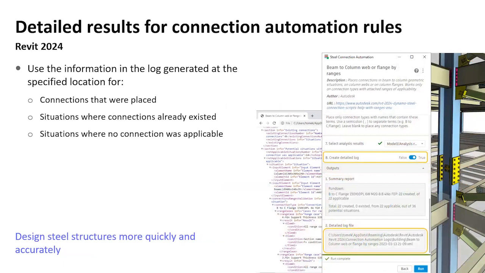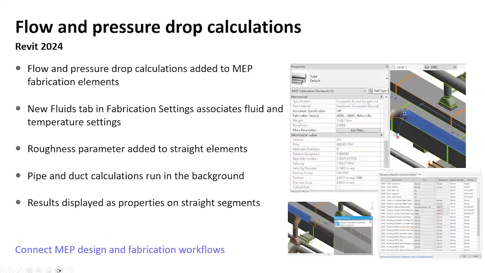Some of the automation rules have been enhanced so that we can easily identify and track the connections that were being made. So as we do them, we can track them, and basically it assists us in placing more analytical connections to similar elements.